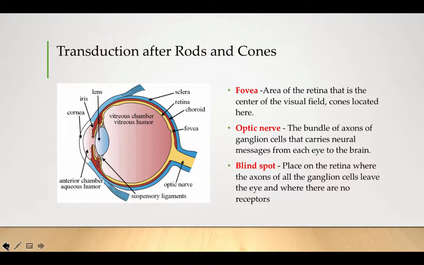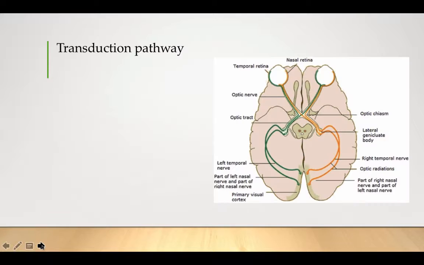Remember that the ganglion cells in the retina all gather together and send their signals out the back of the eye along the optic nerve. So the ganglion cell axons form the optic nerve, and those signals leave in what's called the blind spot, also known as the optic disc. It's a place in the retina where there are no photoreceptor cells. It's where the ganglion cells leave the eye, and also veins enter the eye to nourish the eye.